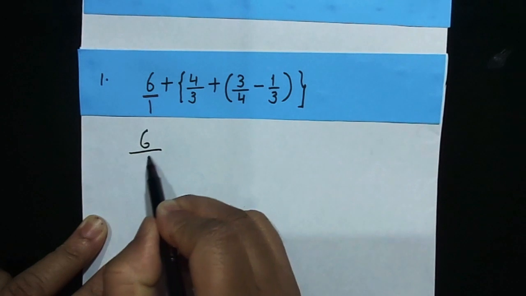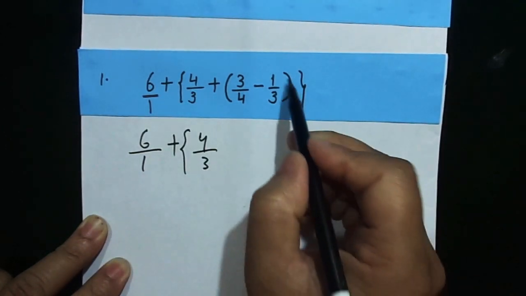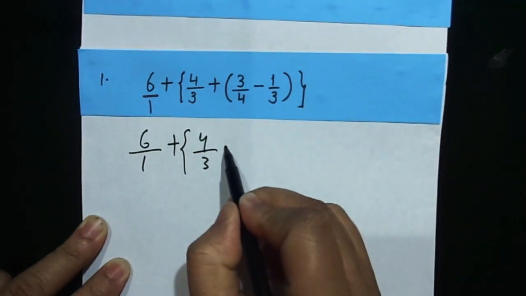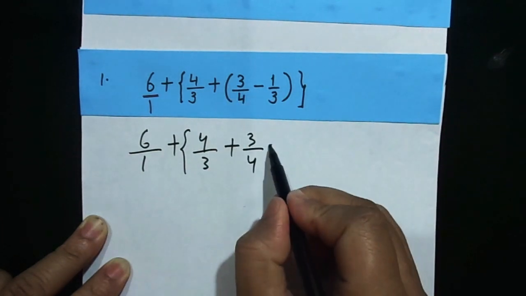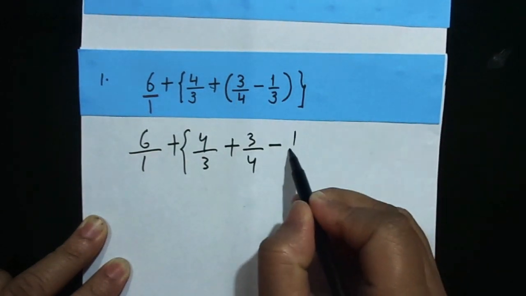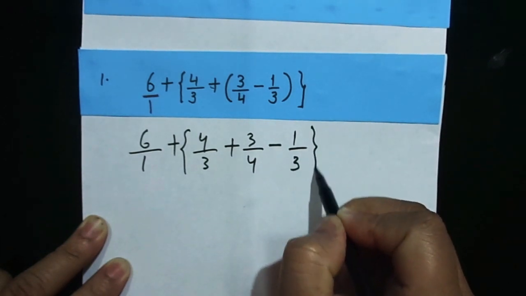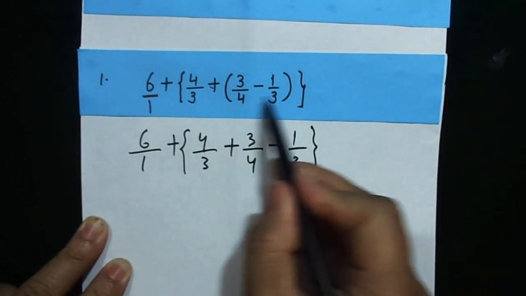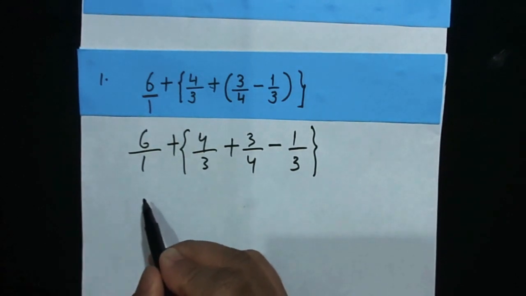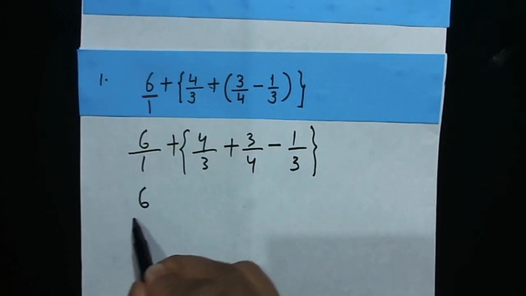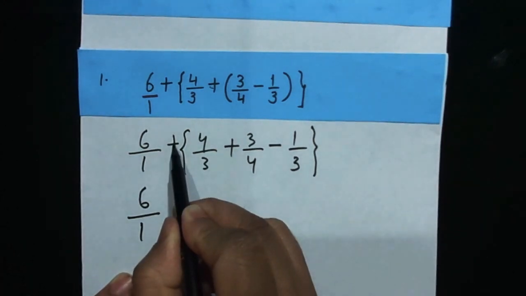Therefore 6 by 1 plus 4 by 3, I will be targeting this one first, plus 3 by 4 plus into minus 1 by 3, isn't it? And now I am going to close this bracket. This small bracket has been removed. Now let's see, 6 by 1, again I find that plus sign is involved over here.